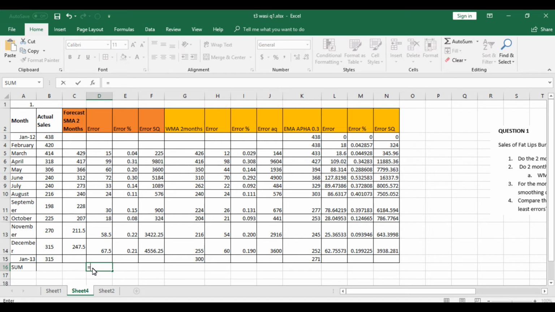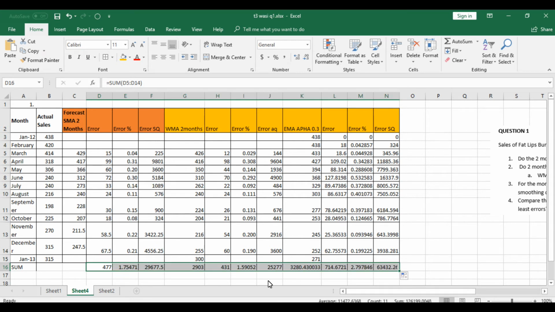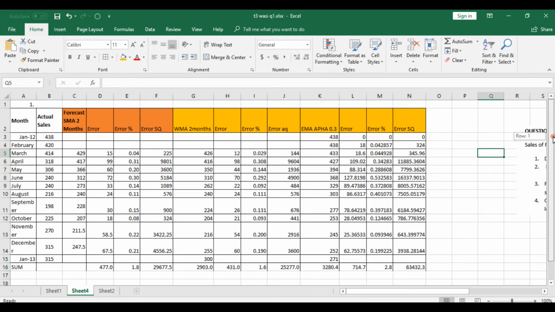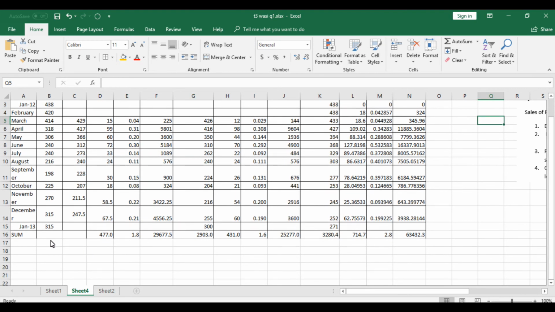We will get the sum from here, and just break it down. We need the sum of all these values, and it is good, I think, to use 1 or 2 decimal points.